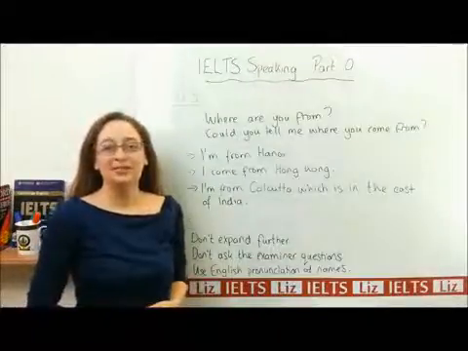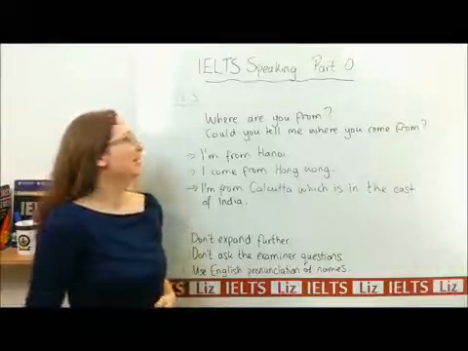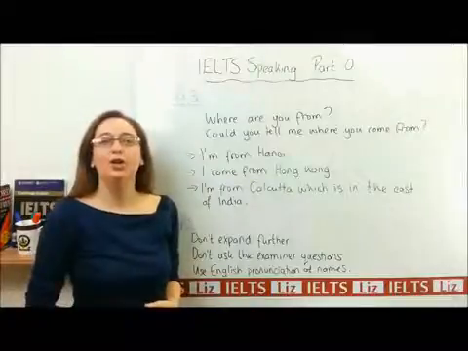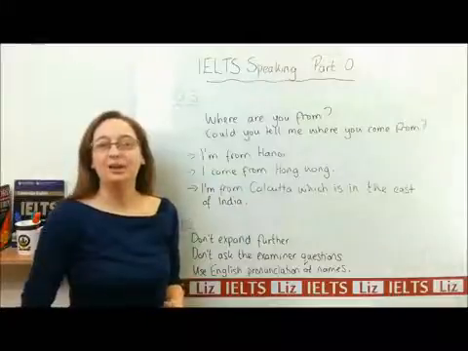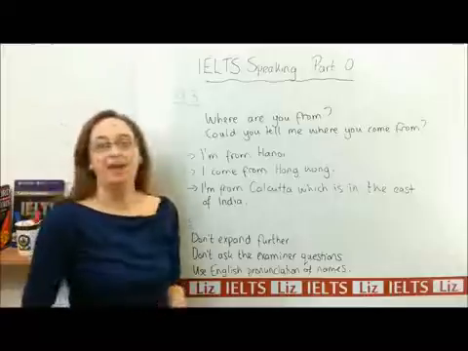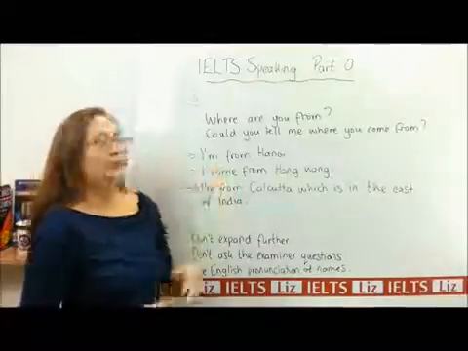The third question. The examiner will ask you, where are you from? Or the examiner might say, could you tell me where you come from? Now, let me give you some possible answers. You could say, I'm from Hanoi. I'm from.